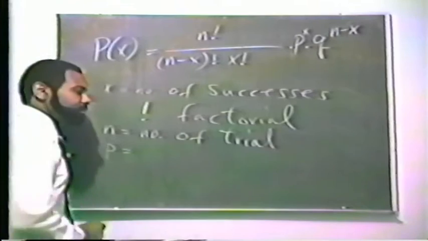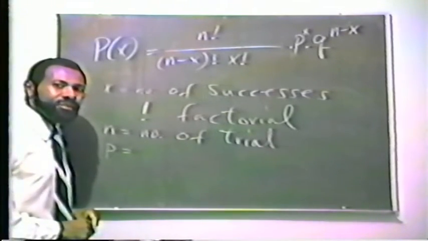P represents the probability of success in a single trial.